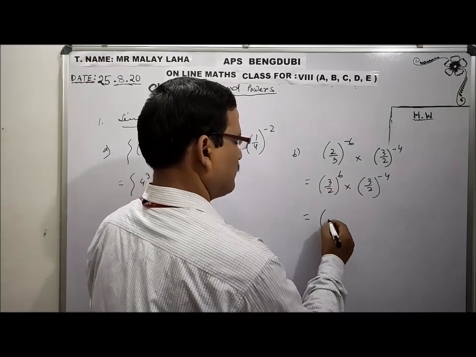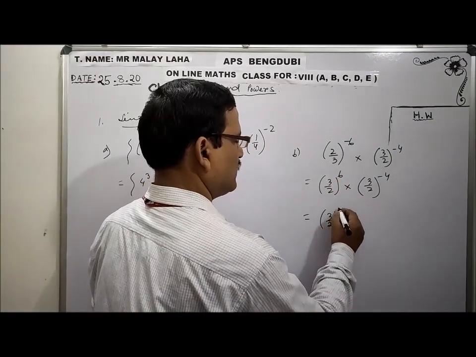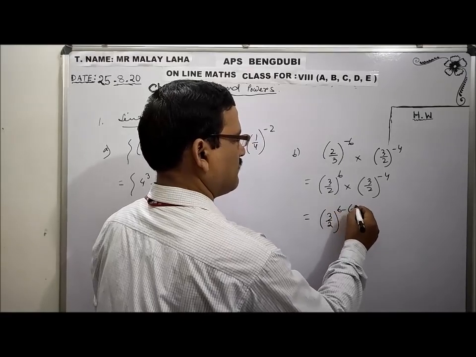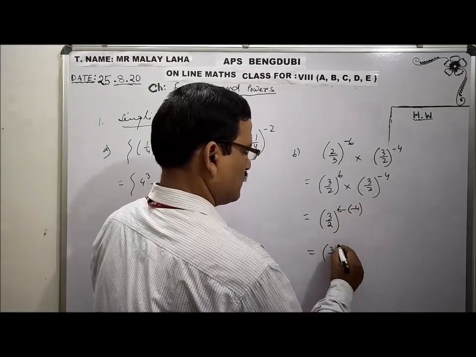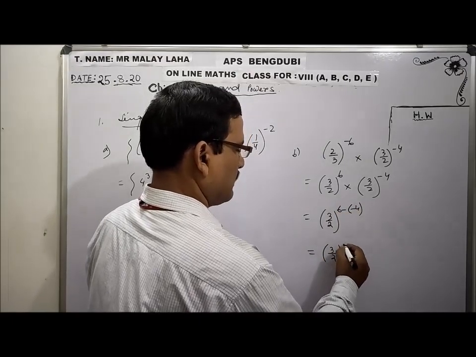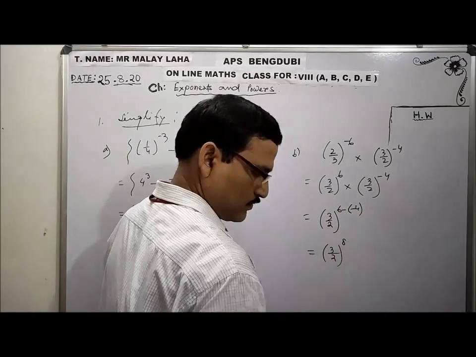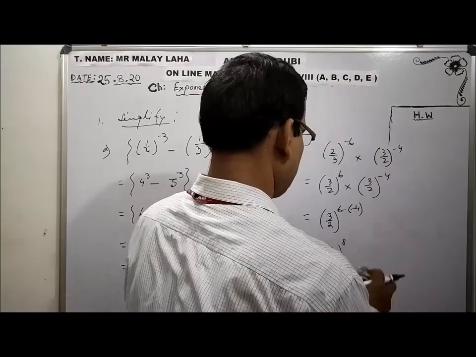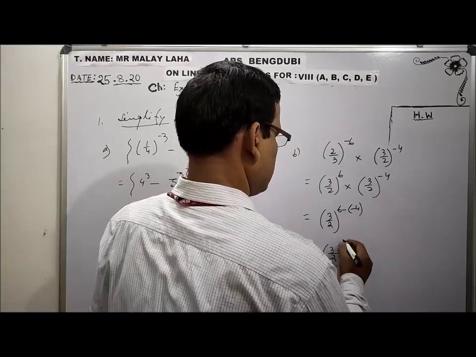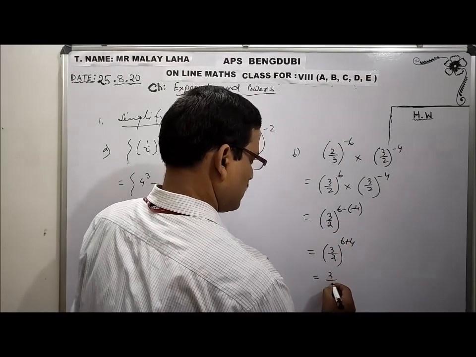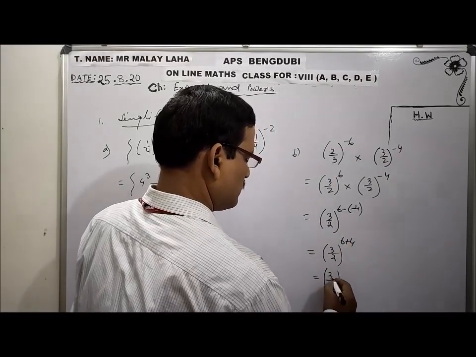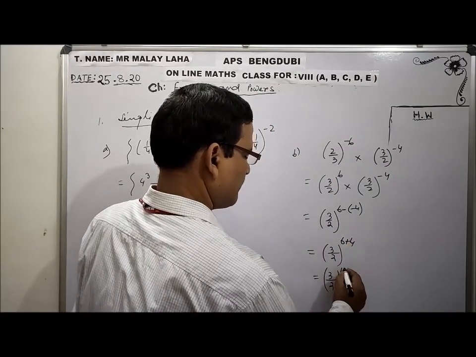So it will be (3/2) raised to 6 minus 4, which is (3/2) raised to 2.